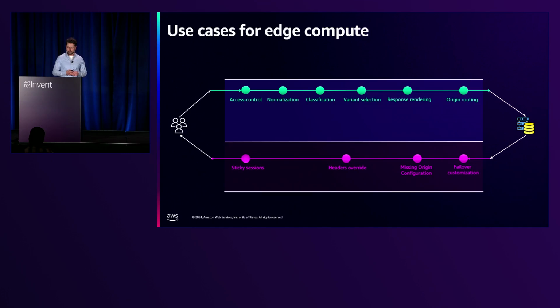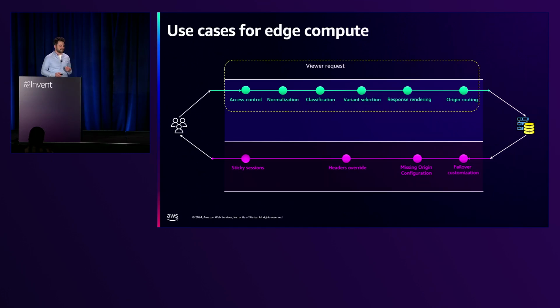So starting with the request path on the top, you will often find that for a lot of those use cases, viewer request is the only sensible choice, really. And this is because for a lot of use cases, what matters the most is the ability to pre-process the request before that request even hits the cache.